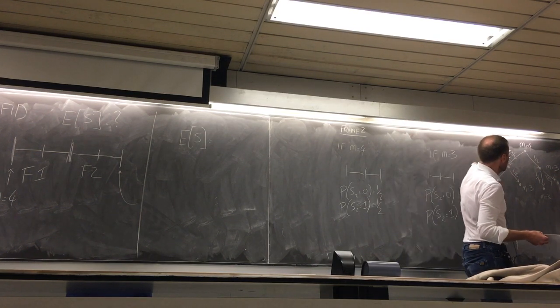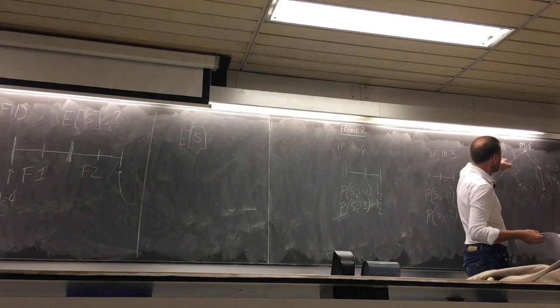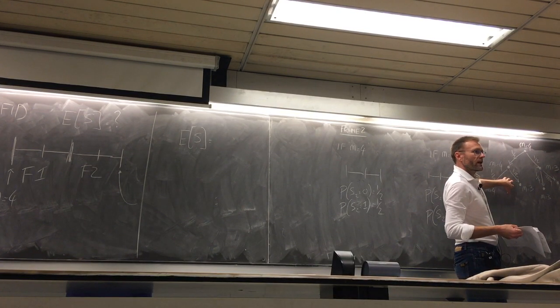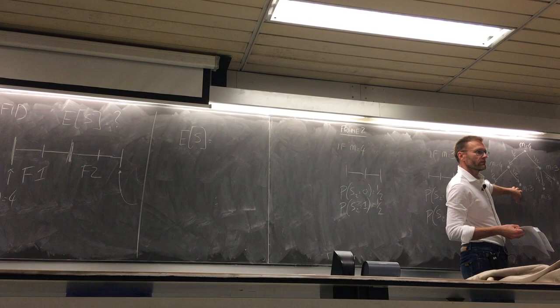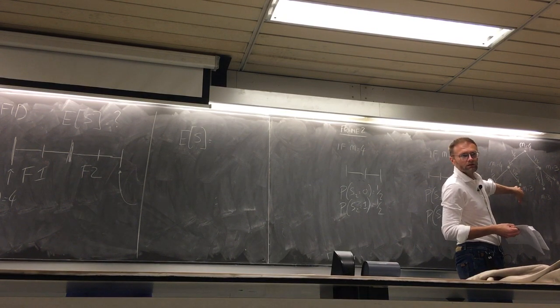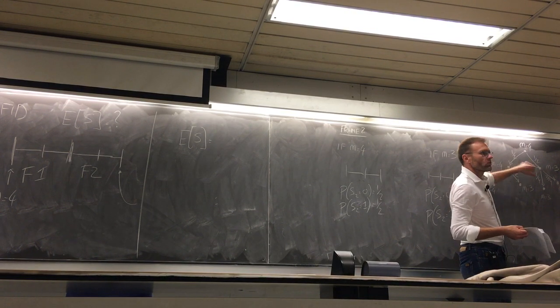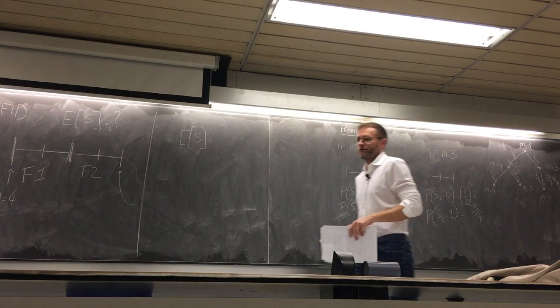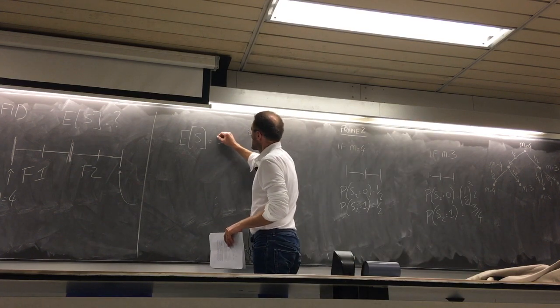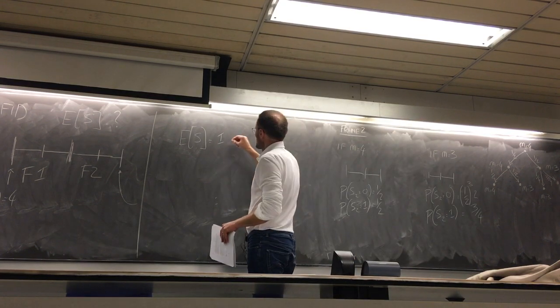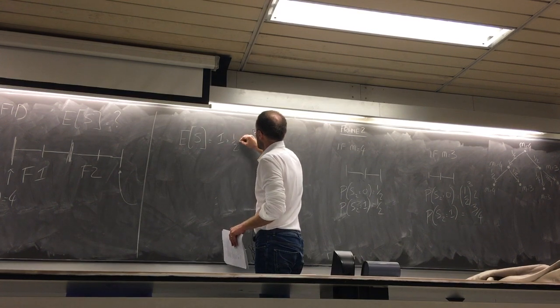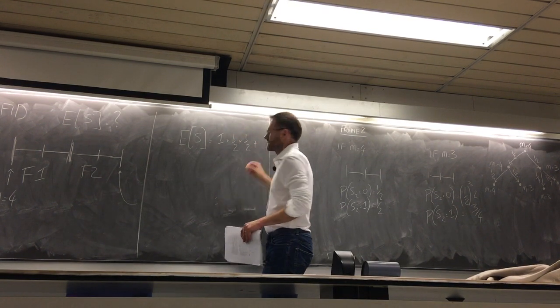If I take this path, if I go here and here, I solve 1 tag, because the backlog is 3. This happens with probability 1/2 times 1/2.